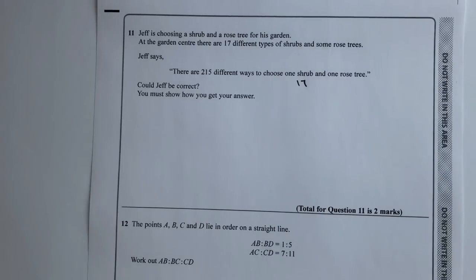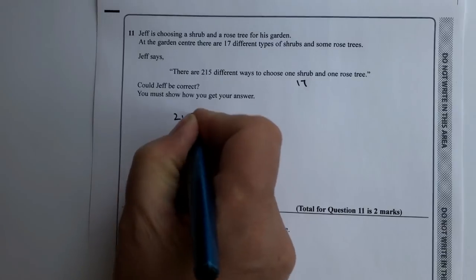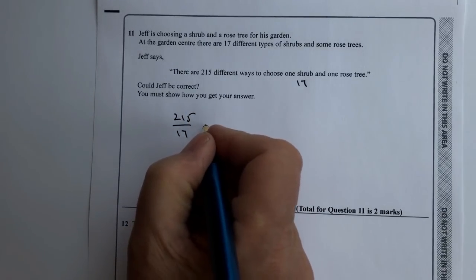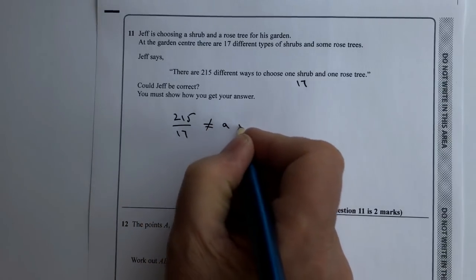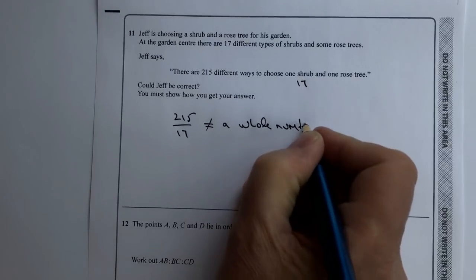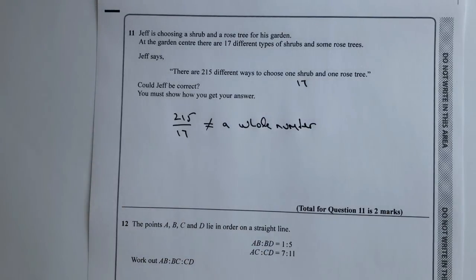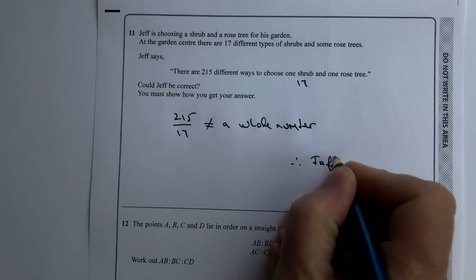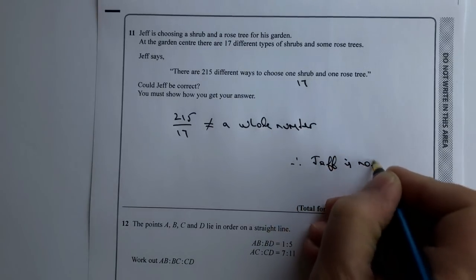Well, actually it's not, because if we do 215 divided by 17, that's not a whole number, and therefore in this particular case, Jeff isn't correct with his particular statement. So I put therefore Jeff is not correct.